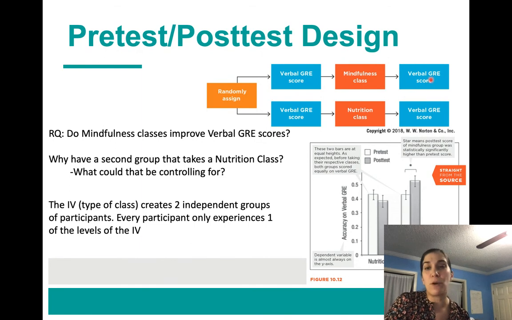And then I give you the verbal GRE again. And what I'm looking for is the difference between the verbal GRE score here and the verbal GRE score here. Okay. And so in a pre-test post-test design, you're still only being exposed to one level of the independent variable, but you get exposed to the dependent variable before and after that independent variable.